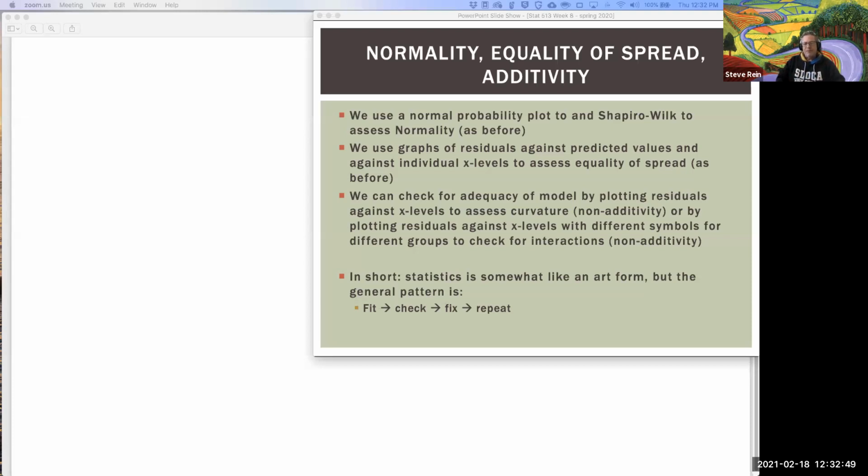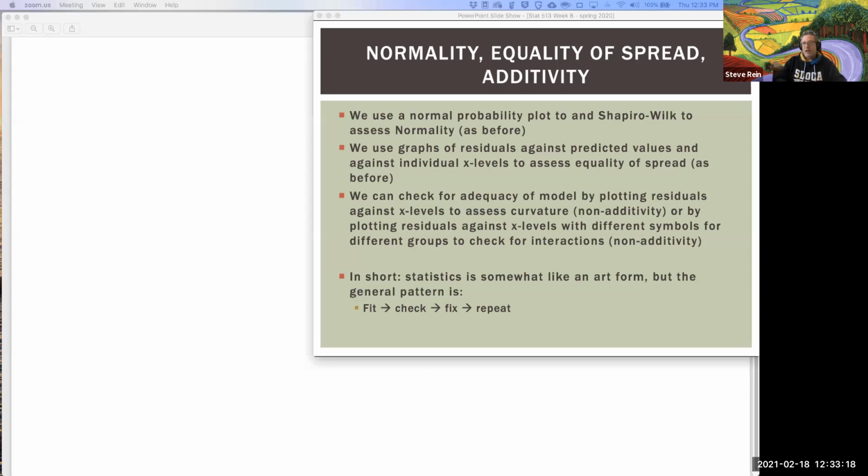Additivity. Well, that's a little bit more challenging, but additivity boils down to if I were to plot my residuals against an X variable, if I see curvature in the residuals against that X, I could either add a quadratic term into the model and make it better, or perhaps there's another approach that I'll show you in a little bit.